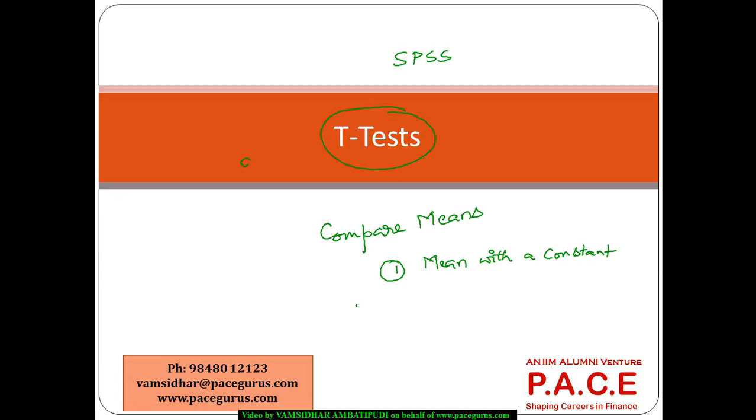I want to check whether the mean of a particular population is equal to a constant. Can I take it that it is more or less the same as the constant, or is it very much deviating from the constant? So we need to do some kind of hypothesis testing on top of that.